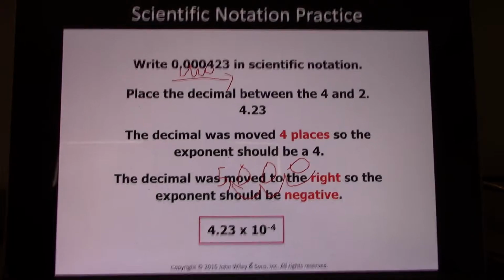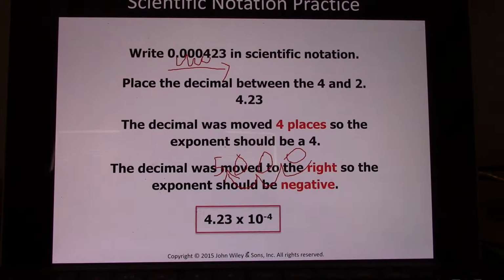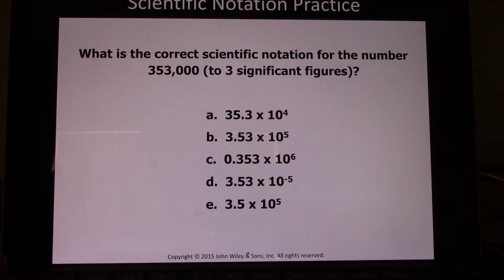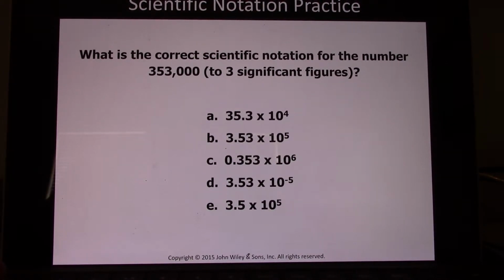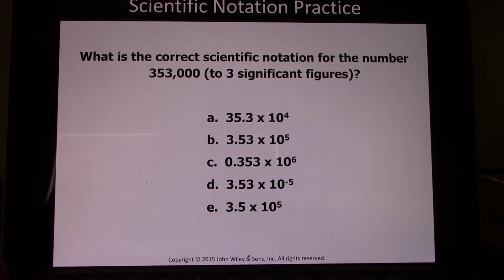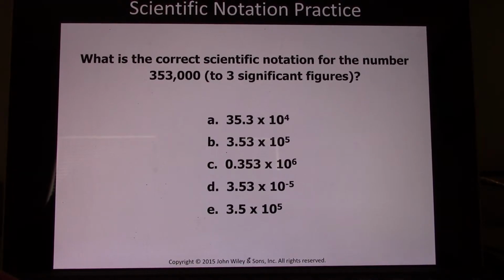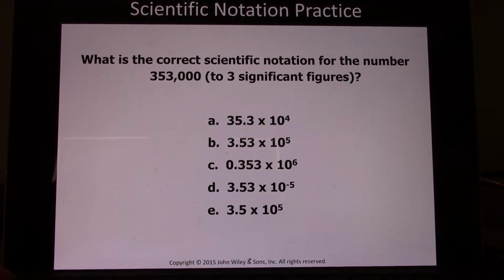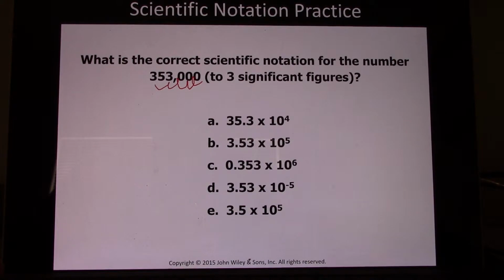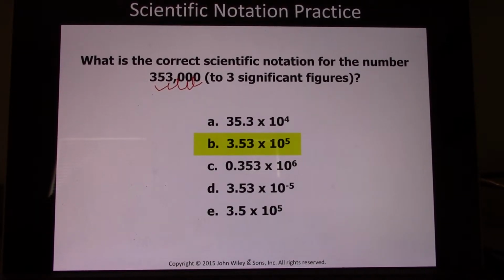If the number is less than 1, negative exponent. So this one, 353,000 to 3 sig figs. That'll be 3.53. And then our decimal point is going to move to the left because it would be here. 1, 2, 3, 4, 5. 3.53 times 10 to the 5. Double check. Positive exponent. Is that number bigger than 1? Yes, it is.